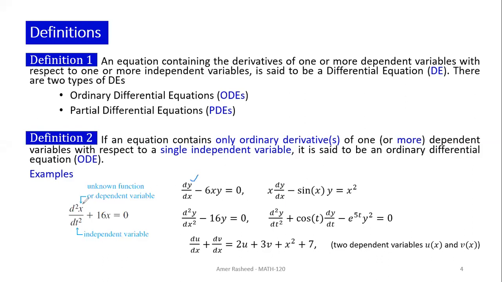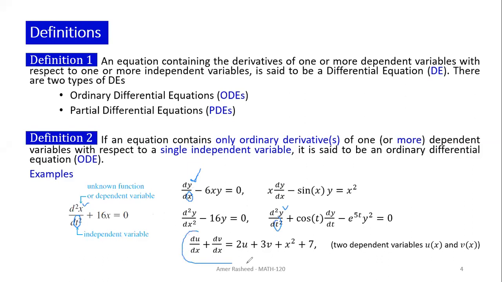The dependent variable could be different. This one is the dependent variable and t is the independent variable. We take the derivatives of the dependent variable with respect to the independent variable. You can take any dependent or independent variables.